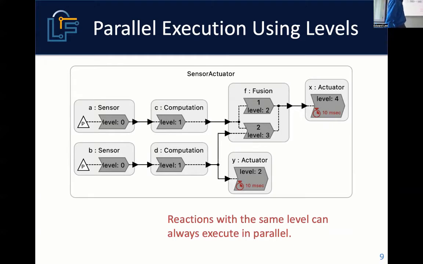I do want to point out here, you might not have seen this pattern before in Lingua Franca, but here I have two reactions that are both writing to an output. What do you think the downstream is going to see?